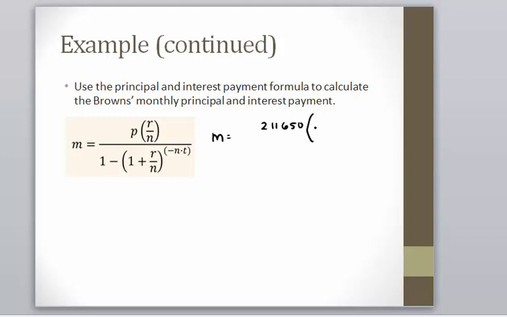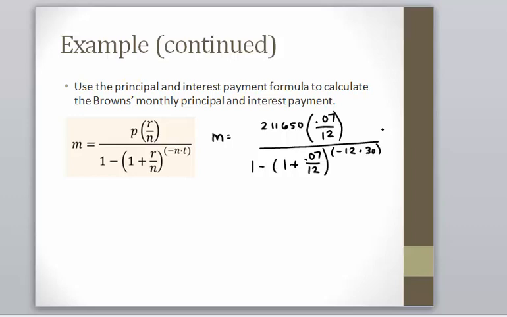We know that the interest rate of the loan is 7%, so we're going to put that in as 0.07, and they'll be making monthly payments, so we'll put in a 12 for the n. On the bottom, we're going to add the same values, so the interest rate again, 0.07, the n value will be 12, raising that to the negative 12 times 30, because we're looking at a 30-year loan.